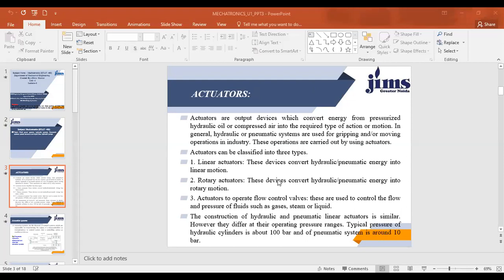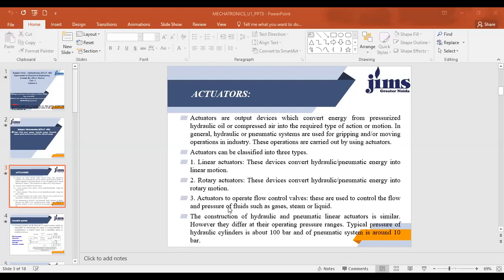We have three types of actuators. One is the linear actuator, another is the rotary actuator, and the third is the actuator operated by the flow control valve, pressure control valve, and direction control valve.